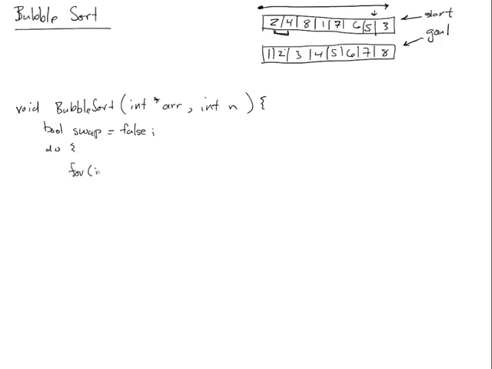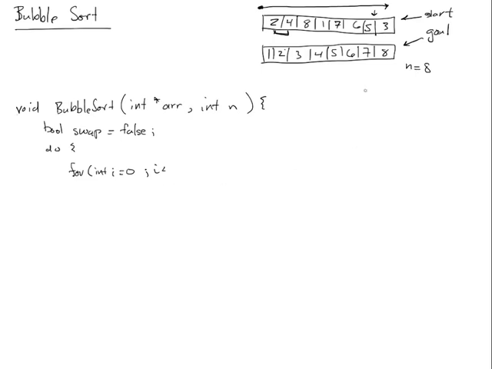So for int i equals 0, i is less than... okay, so what do we want to do? i is less than our length of items. We know that this array has 8 items in it, so that means n is going to be passed in as 8.